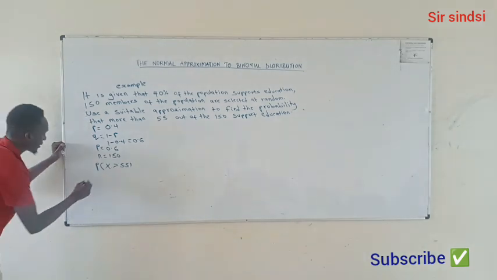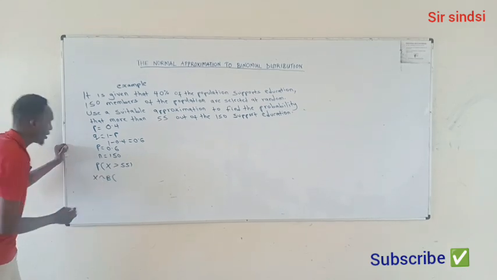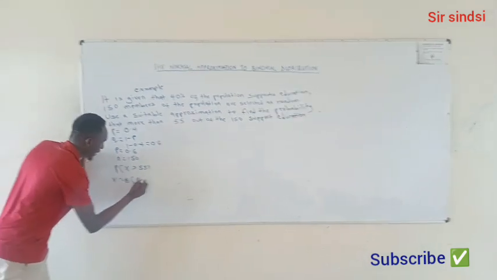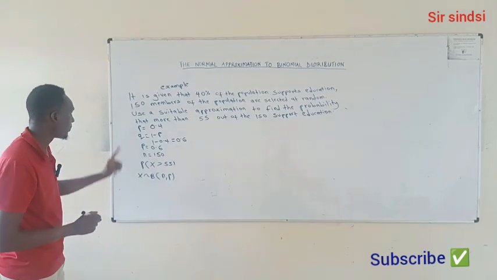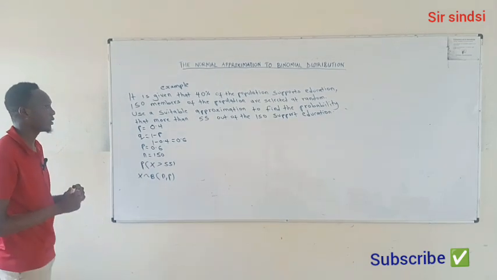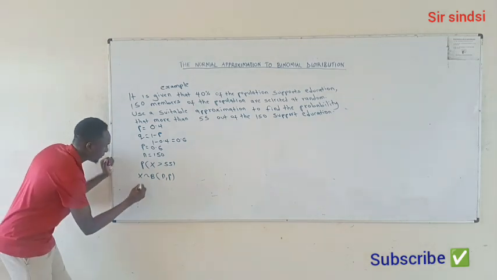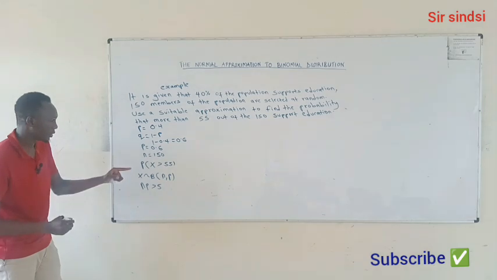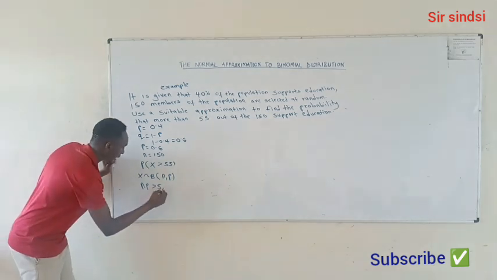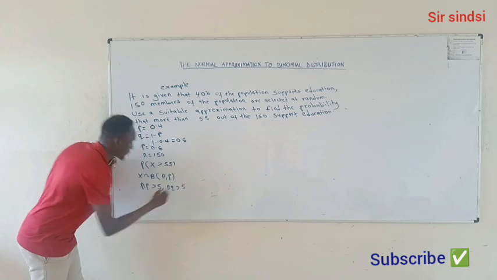Now here X is assumed to be binomially distributed with N and P. Let's look at whether we can use the normal approximation or the Poisson approximation. To test this, NP should be greater than 5 to use the normal approximation, and NQ should also be greater than 5.